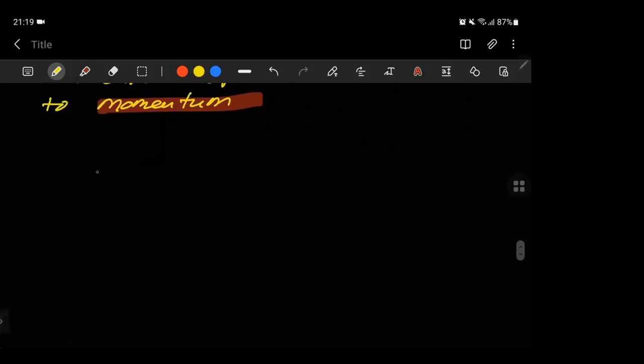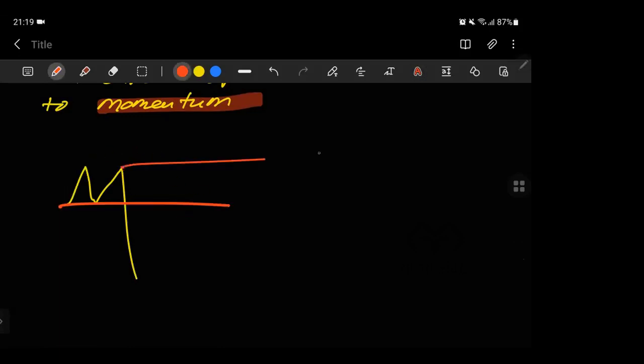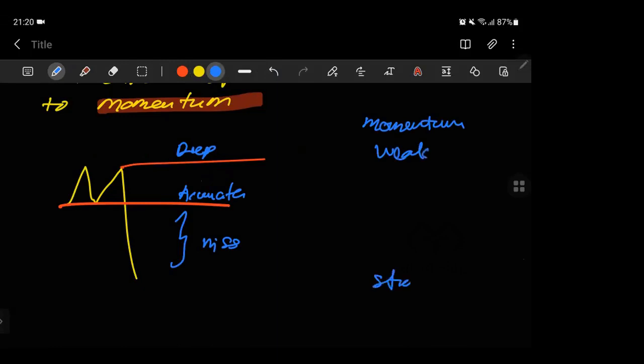So the basic of the MDA will look like this. Accurate is, so on the momentum side, it will look something like this.